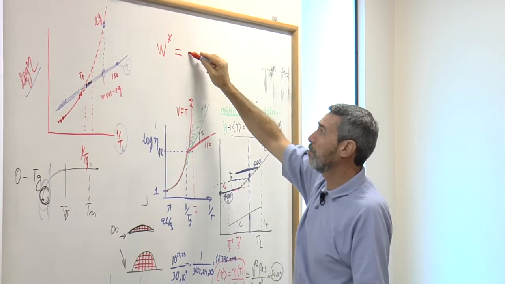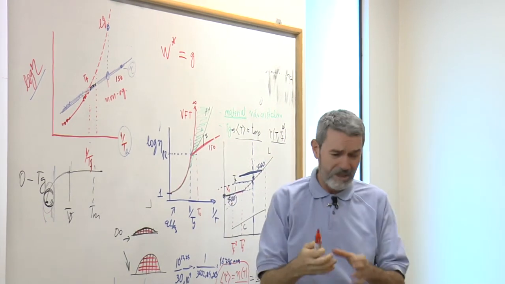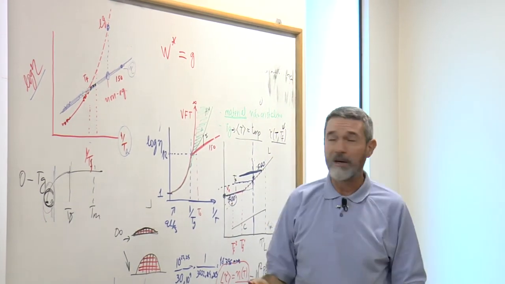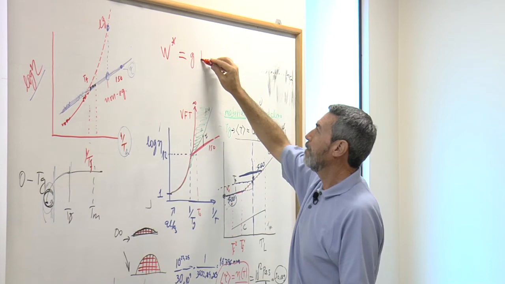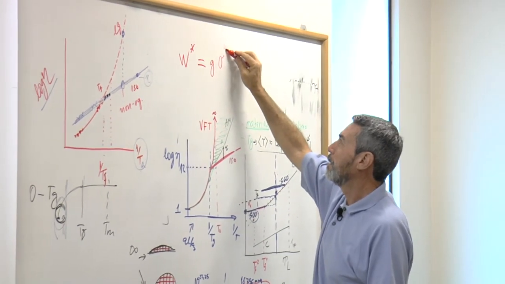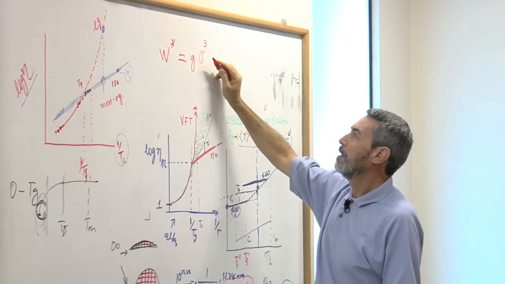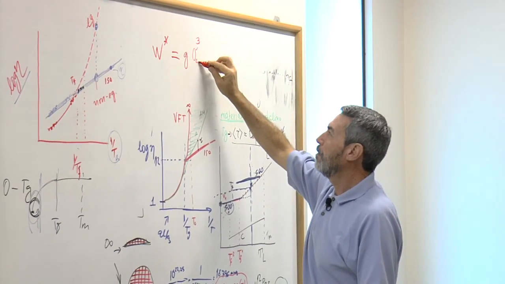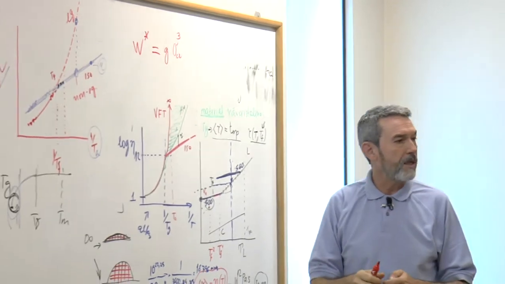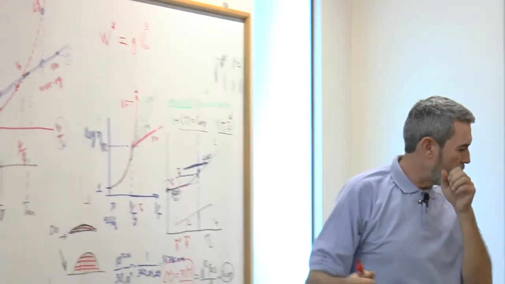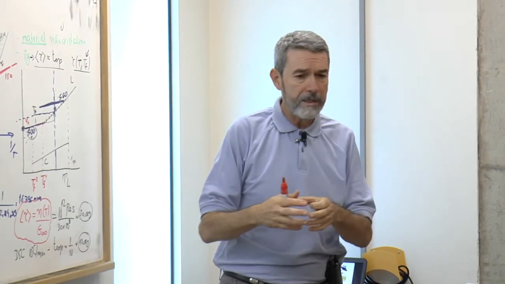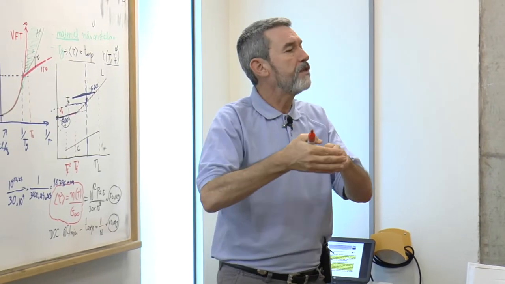This is proportional to some geometrical constant, which depends on the geometry of the crystal, times the interfacial energy to the third power. This is the crystal-liquid interfacial energy, because if you form a crystal inside a liquid, a new surface is formed.